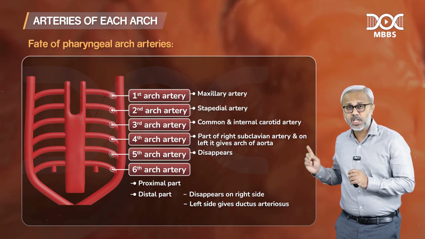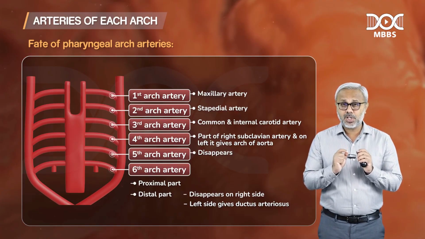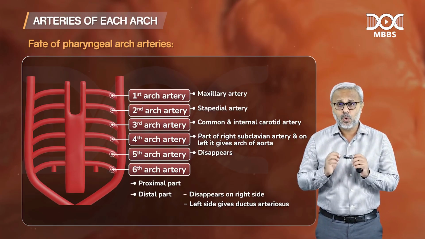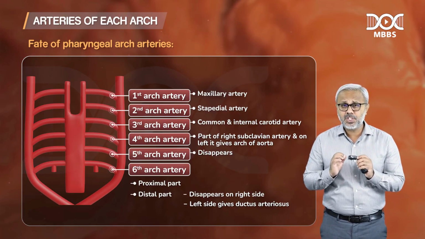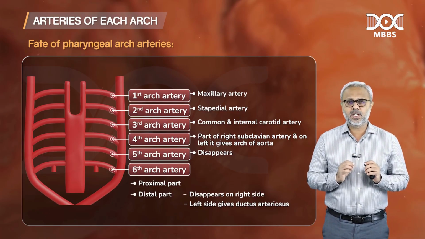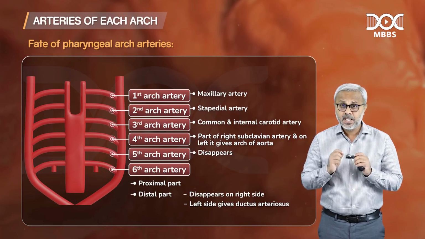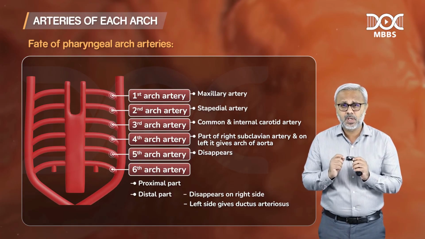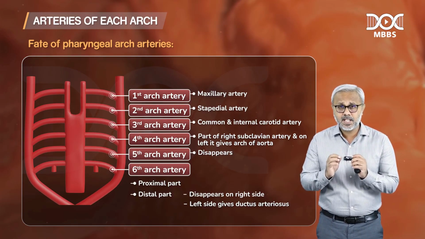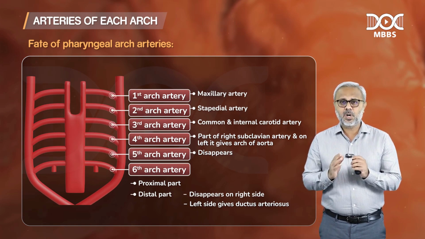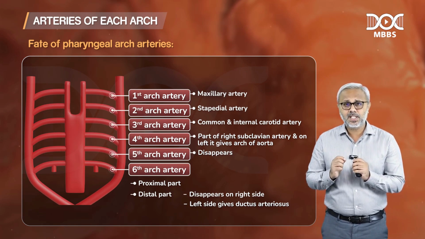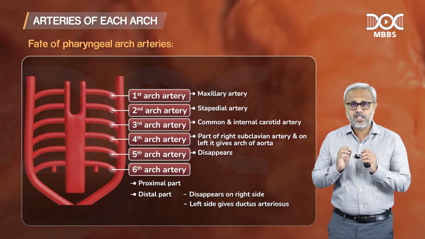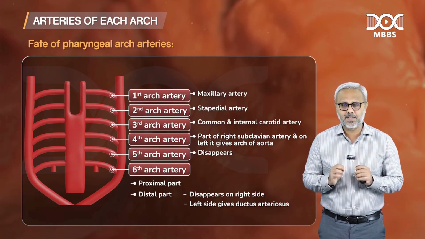Now this is one question you will get if you get the model of pharyngeal arteries for discussion in your embryology viva. What is the reason behind the differential course of right recurrent laryngeal nerve and the left recurrent laryngeal nerve? The reason for that is initially the recurrent laryngeal nerves will hook around the distal part of sixth pharyngeal arch arteries, which on the right side disappears, ensuring that the recurrent laryngeal nerve moves up and hooks around the fourth arch artery, which will give rise to subclavian artery.